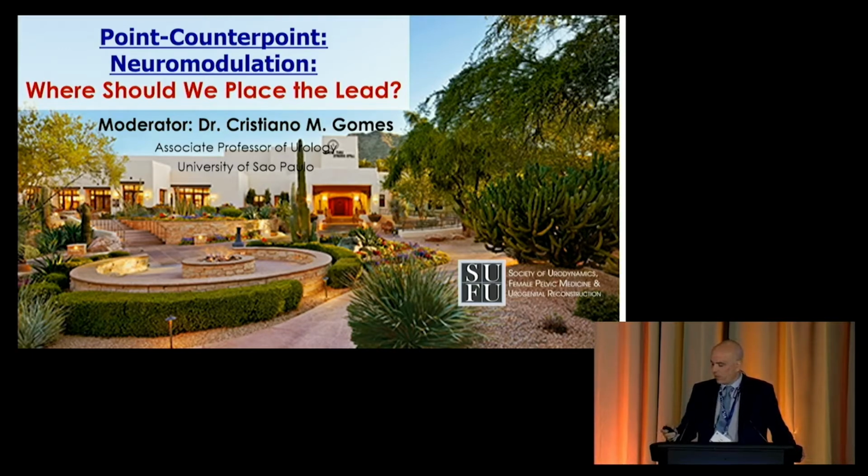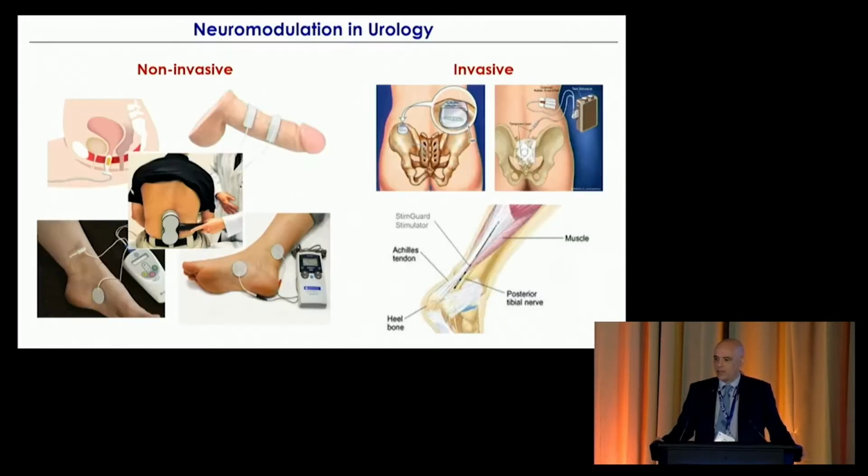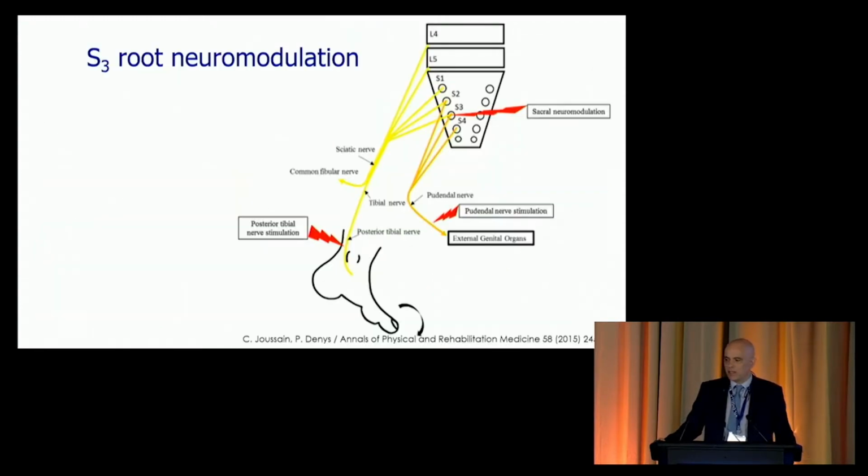Where should we place the lead? These are my conflicts of interest. We're all familiar with different ways to deliver neuromodulation, and for this session, we will only focus on the invasive techniques. So there are three main sites for lead placement: the sacral roots, the pudendal nerve, and the tibial nerve.